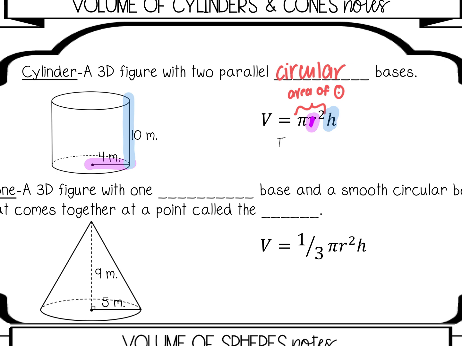I'm going to have pi times my radius, which we said was 4. I'm going to square it, and then I'm going to take my height, which is 10. I'm not dividing anything. There's no division, none of that. Make it a little thicker so you guys could see it.